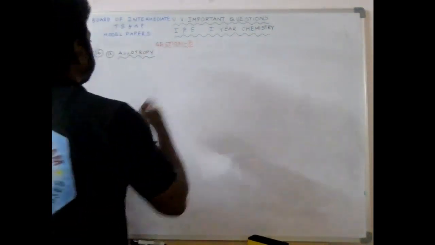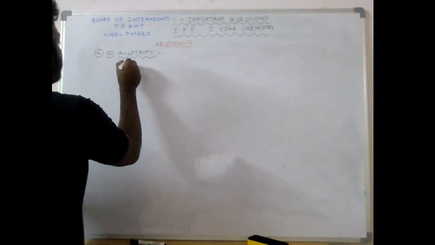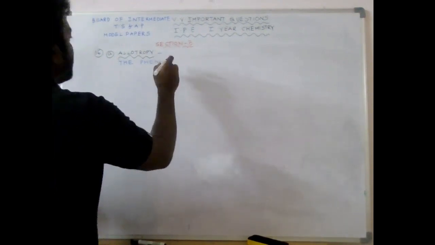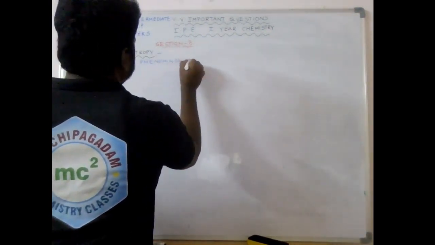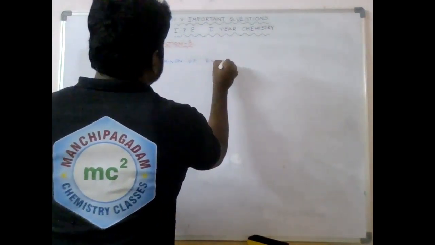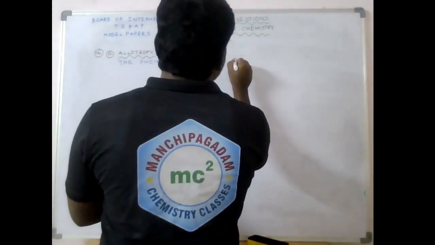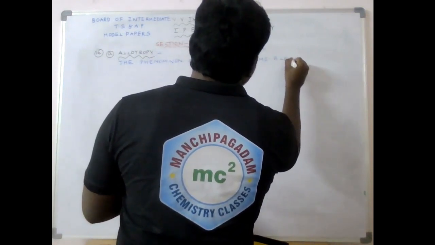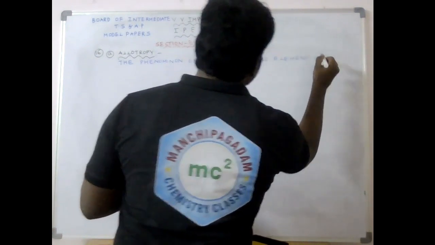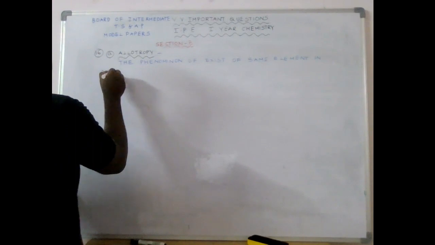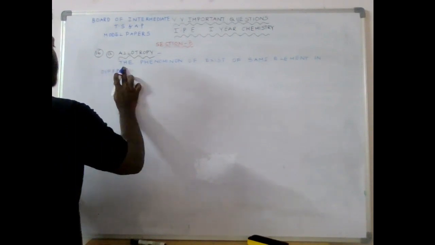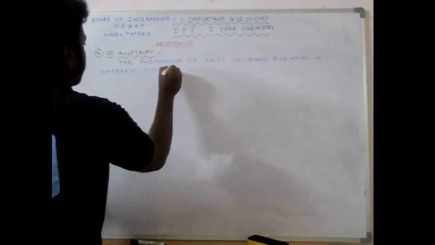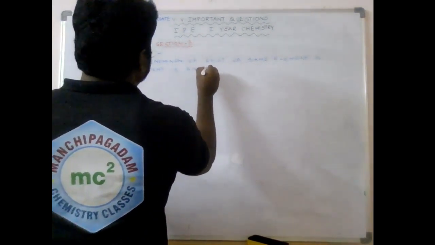Simply you can write: the phenomenon of existence of the same element in different forms is known as allotropy.